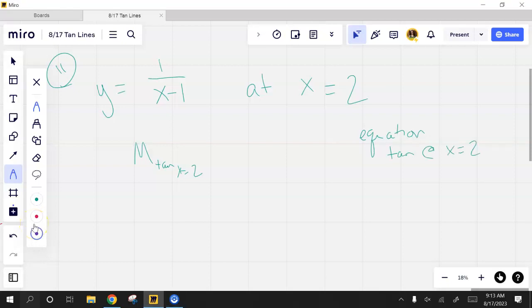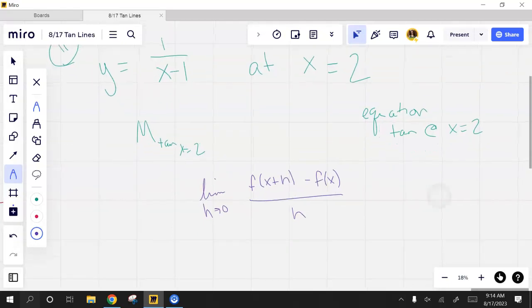All right, so let's think about our equation, right? For the slope of the tan line, I do the limit as h approaches 0, f of x plus h minus f of x over h. But I'm plugging in 2 for x, right?